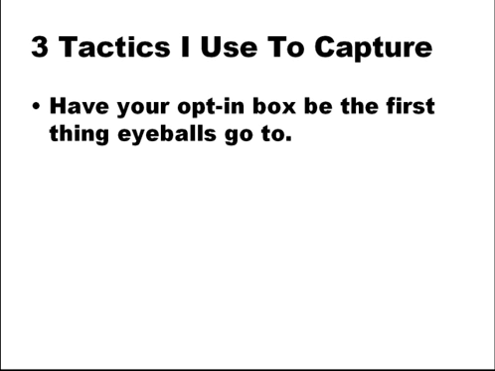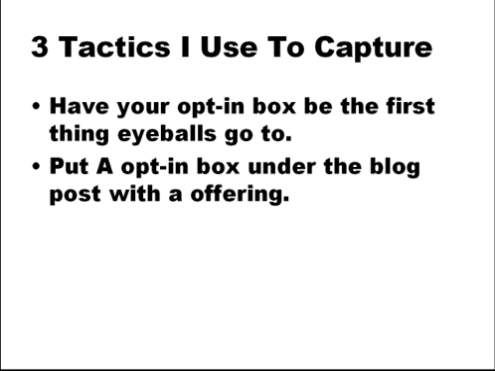Why do I do that? I want to draw attention to it. If you don't draw attention to it, no one's going to use it or read the offer on it. So you've got to have that be the first thing your eyeballs go to, whether it's a little bit of a flash badge. On one of my niche blogs I have a little badge that says opt-in here that flashes. So you've got to be able to draw attention to it, number one.